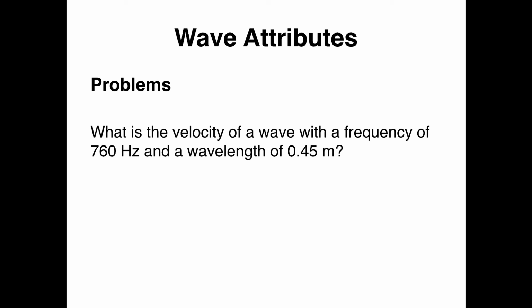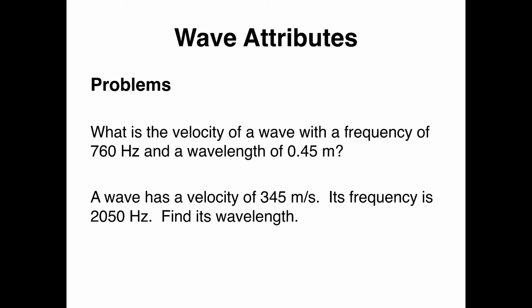And if you have to stop the tape in order to finish your work, then you can do that. The second question, a wave has a velocity of 345 meters per second and its frequency is 2050 hertz. What is the wavelength? Again, work that out on a piece of paper and see what you get, and then we'll do the problem together. And if you need to stop the recording so that you can get this done, then do so.